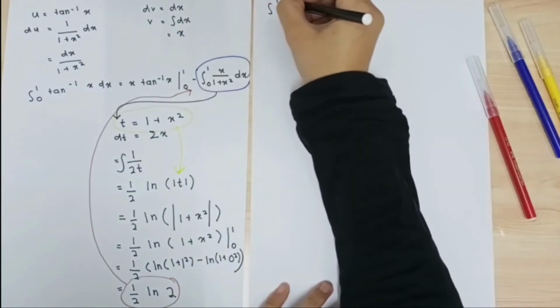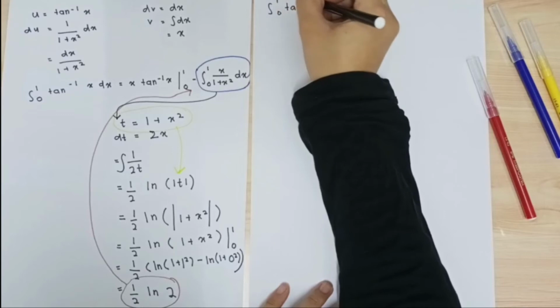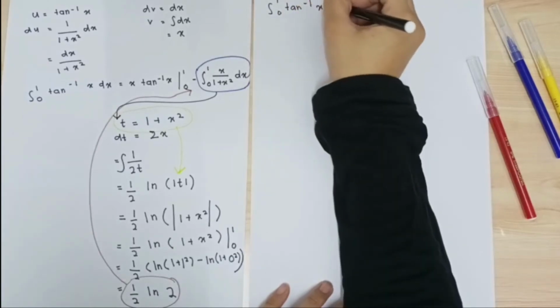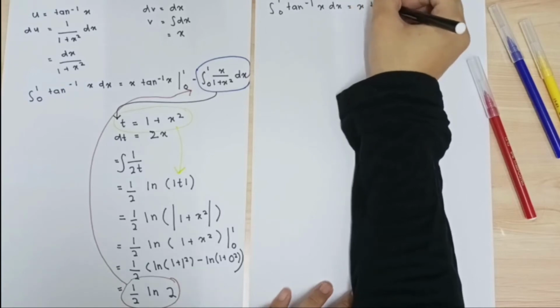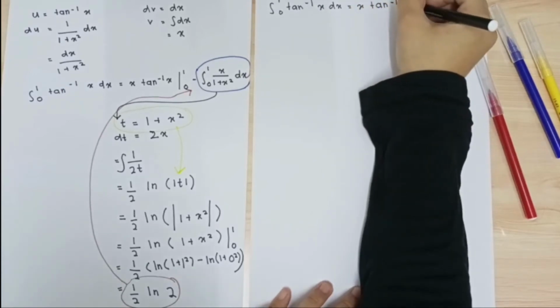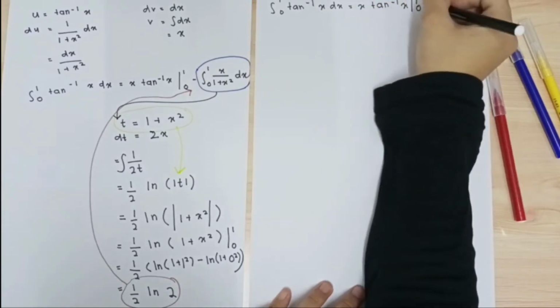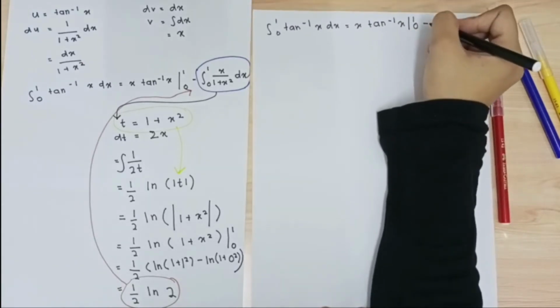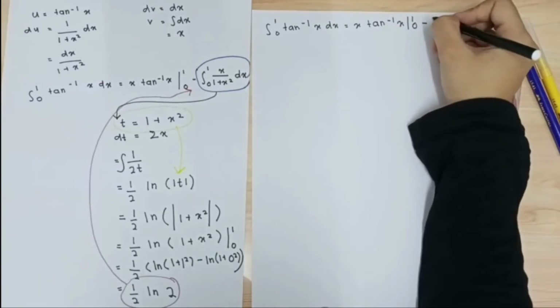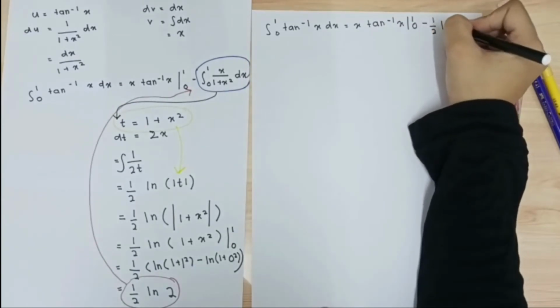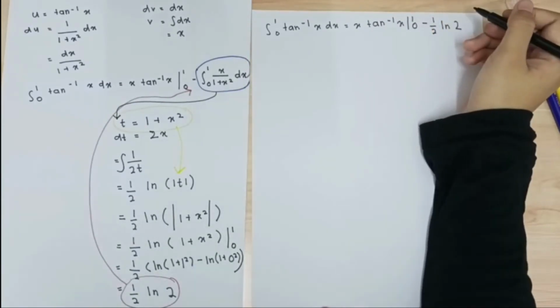Which is x tangent inverse of x from 0 to 1 minus 1 over 2 ln 2. Let's solve this equation.